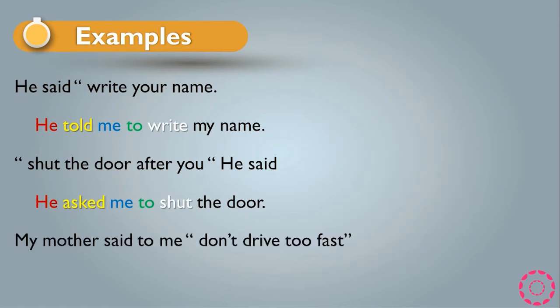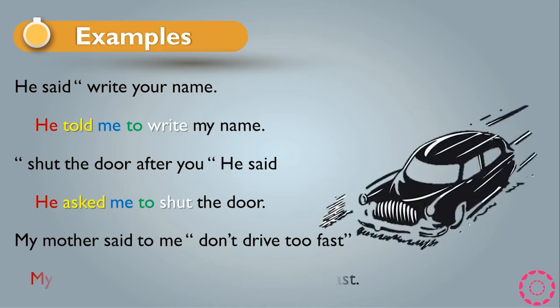Another example: my mother said to me, don't drive too fast. As you see, it is a negative sentence. So it became: my mother advised me not to drive too fast. Also we can say my mother reminded me. It is also true. Because we have don't here, we change don't to not, sorry, it is a spelling mistake.